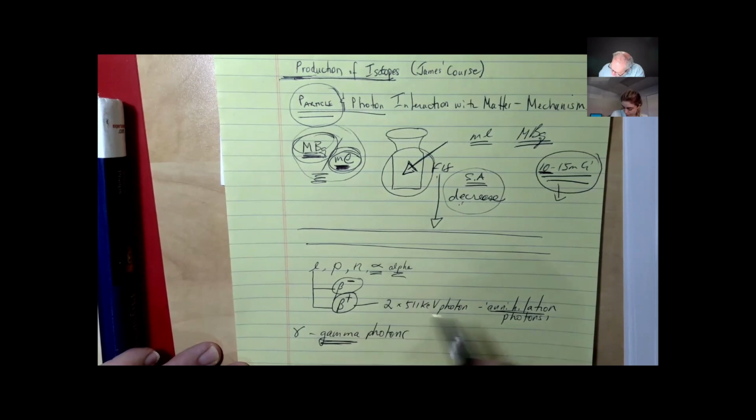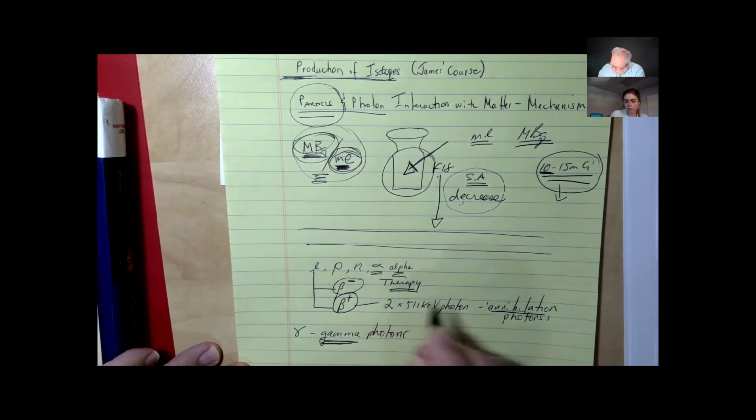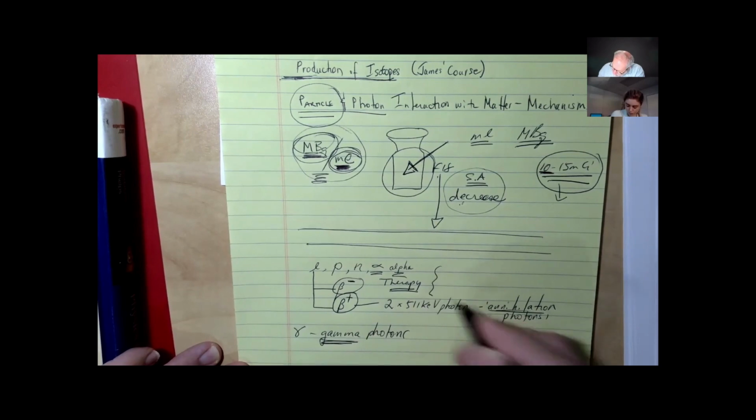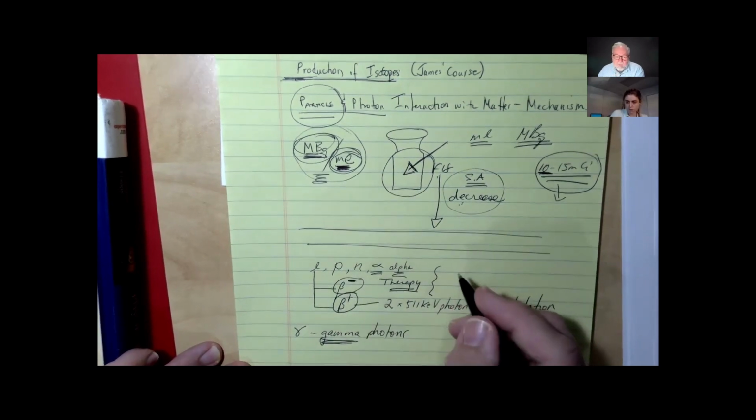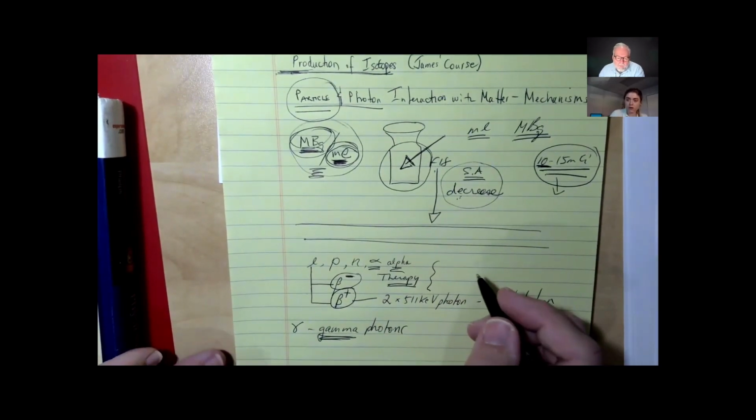So beta minus, these are typically what we'll see in therapy. So what are the different therapies that use beta minus off the top of your head?